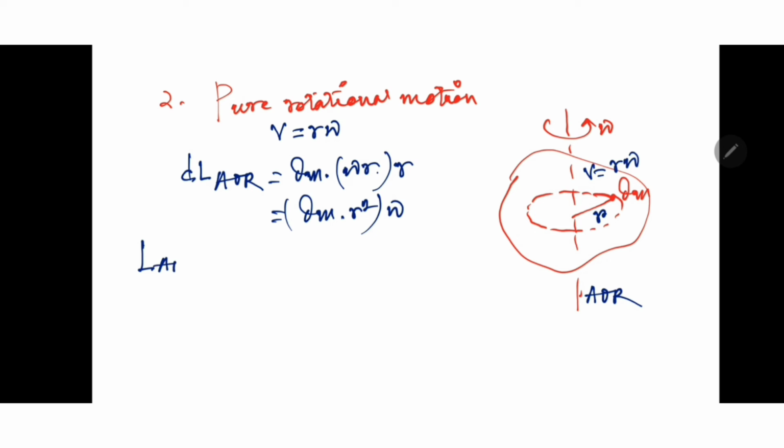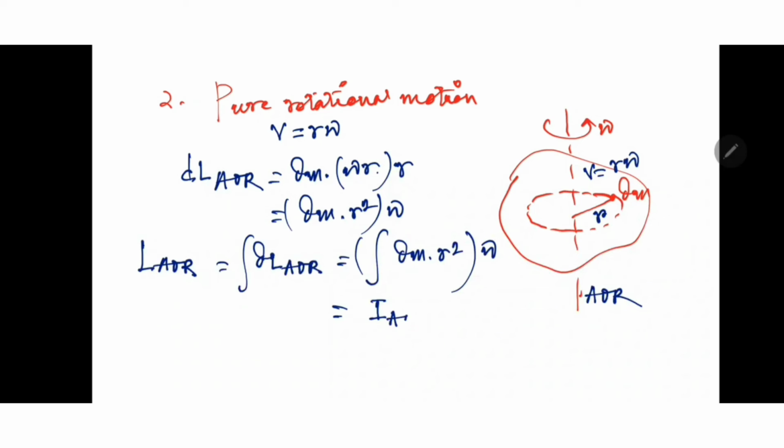So angular momentum about the axis of rotation equals the integration of dL, that is the integration of dm r square into omega, that is moment of inertia about the axis of rotation into omega, where I of AOR represents the moment of inertia about the chosen axis of rotation.